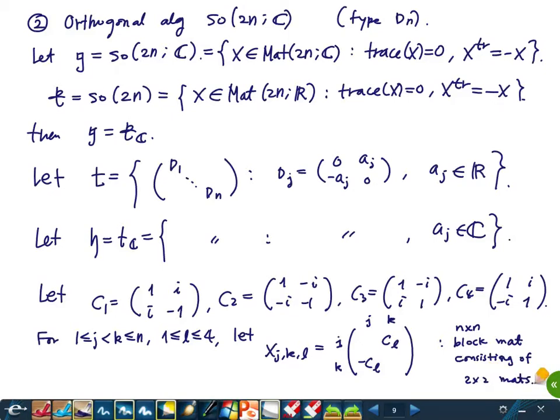The empty entries are all zeros. Then where is this? This is in h, because the transpose is minus itself and the diagonal is 0.